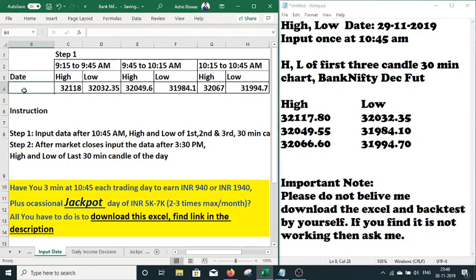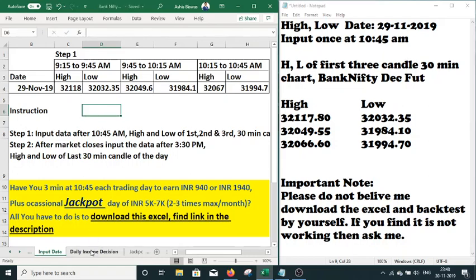Also we will put the date here, 29/11/2019. That's it. At 10:45 you have to spend just 2 to 3 minutes putting this data.